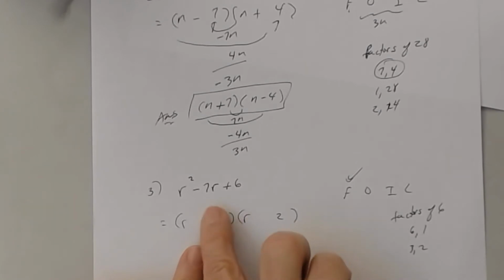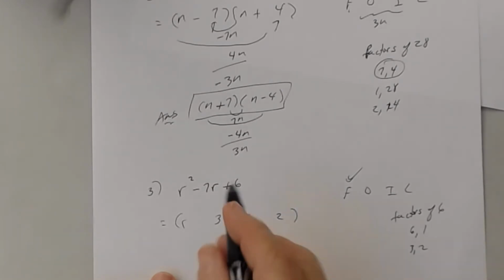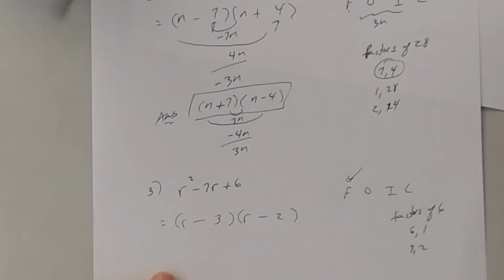Because it's the only way you can get a negative middle term, right, is for both of these to be what kind of factors? Negative. A negative plus a negative is a negative. I said plus. I didn't say multiply. So these should all be the same, negative.